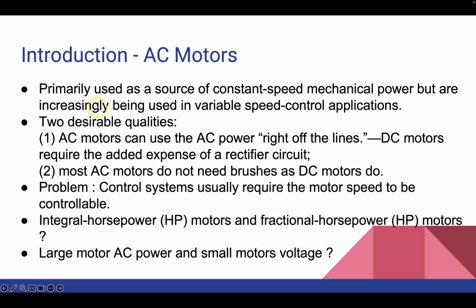This lack of brushes not only reduces maintenance needs but also enhances the motor's reliability and increases its life. With fewer parts prone to failure and no brush dust to contaminate a bearing or windings, AC motors are renowned for their durability.